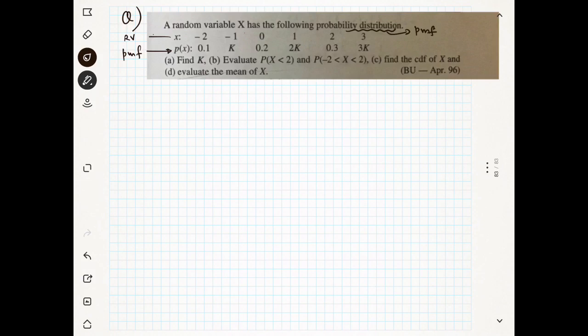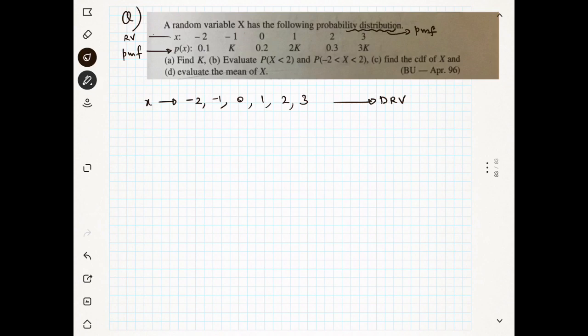The random variable x takes these values: -2, -1, 0, 1, 2 and 3, only 6 values. So it is a discrete random variable with a finite set, and its probability mass function has been given.